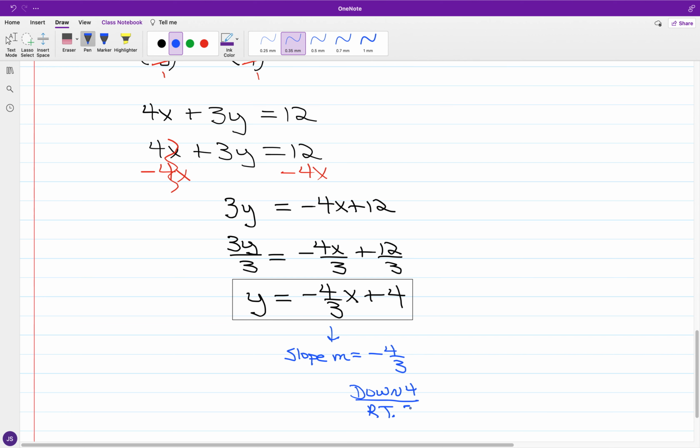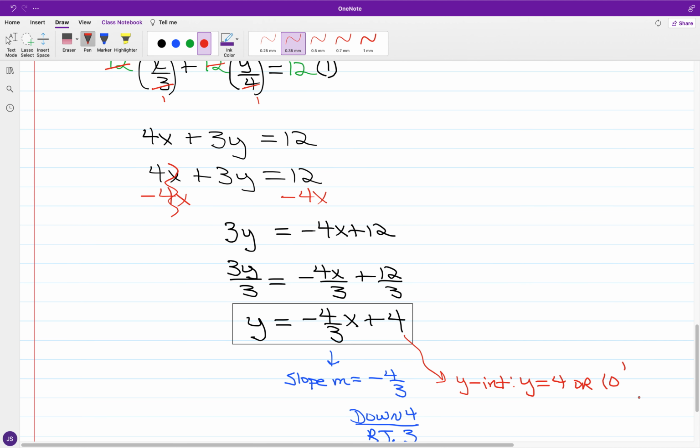But we have the horizontal motion to be a rightward shift of 3 units. And in the case of 4, again you have the y-intercept. Now y is equal to 4, and locating on the y-axis, we have it at (0, 4).